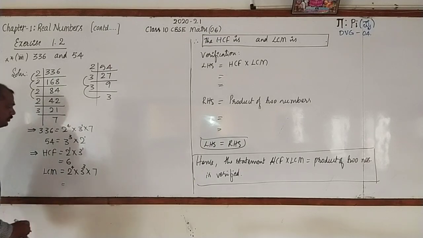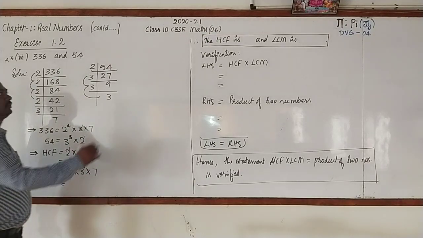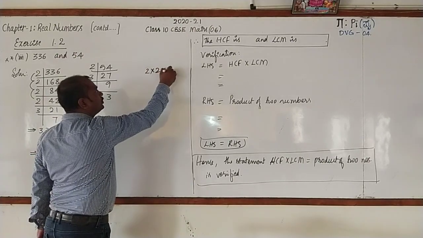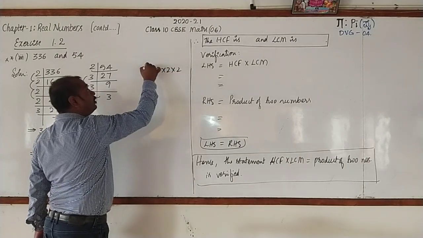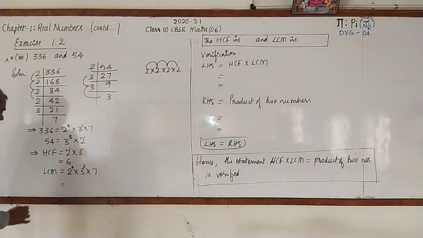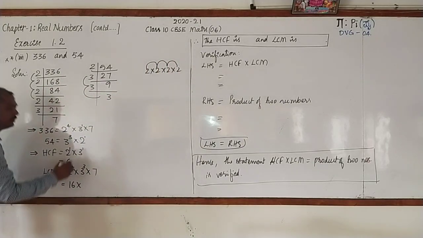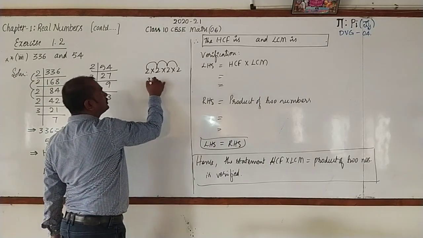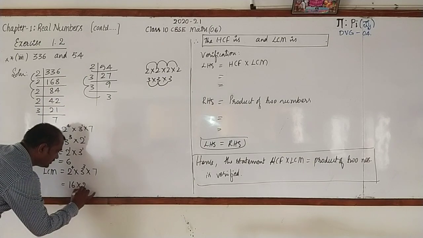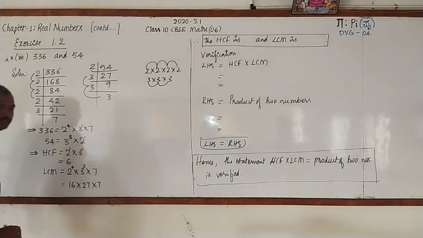It is equal to, what is 2 raised to the power 4? 2 raised to the power 4 means 2 into 2 into 2 into 2. How much is it? 2 2s are 4, 4 2s are 8, 8 2s are 16. So 16 into 3 cube, 3 into 3 into 3. 3 3s are 9, 9 3s are 27, into 7.